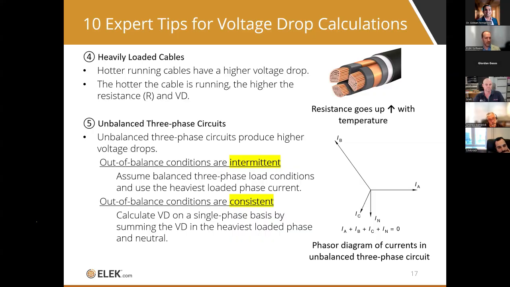However, if the unbalanced conditions are consistent or permanent, then you should calculate voltage drop on a single phase basis by summing the voltage drop of the heaviest loaded phase with the voltage drop in the neutral.